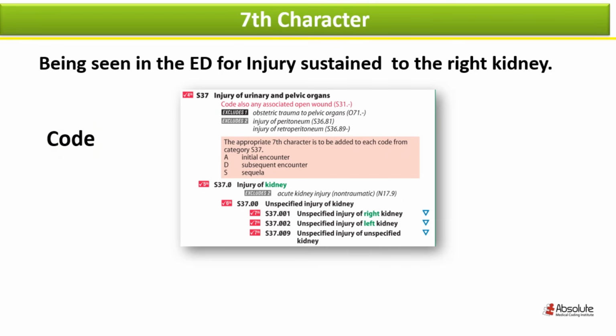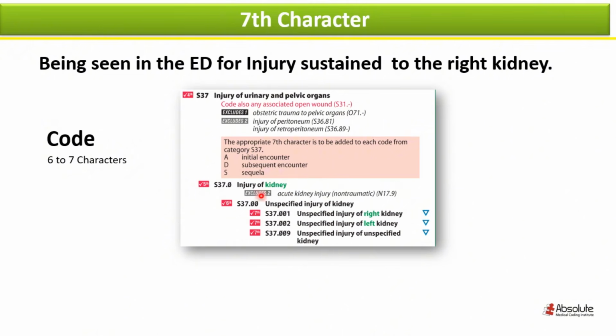All right, so we know that we're going to have to code a 7-character code. How do you know? Well, if you start at the boss, this is S37, you're going to code the injury of urinary and pelvic organs.